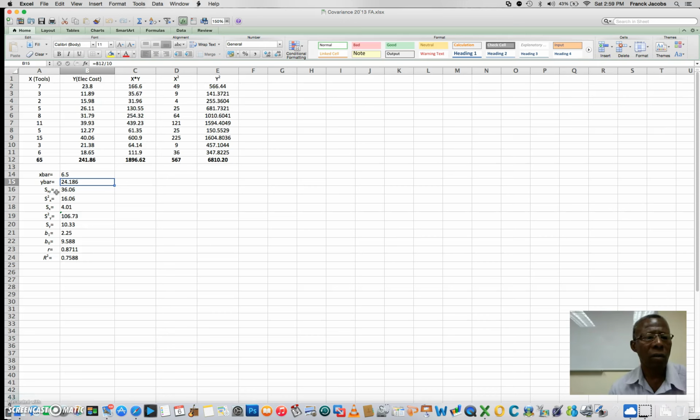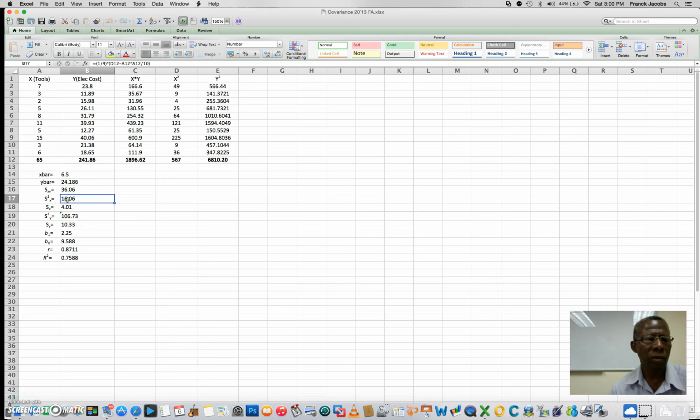The covariance of x and y is calculated by applying the formula 1 divided by n minus 1 multiplied by the sum of xy minus the sum of x times the sum of y, divided by 10. That gives you this value.